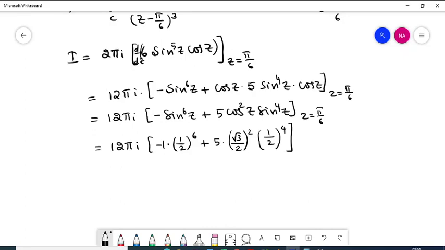I substituted z equal to pi by 6 and got the values, so one step is skipped. With all simplifications, finally you can check that you will get the value 21 pi I divided by 16.